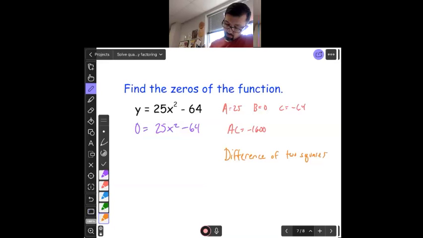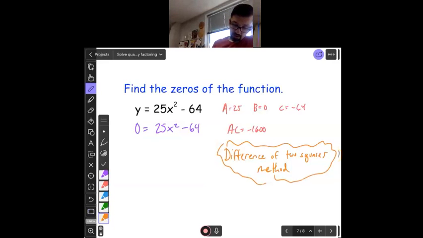Not quite sure where you picked it up, but it's a special type of AC method. It's going to be our fourth tool in our toolbox that we're going to learn tomorrow, or go back over tomorrow. What it depends on is that this is a perfect square and that this is a perfect square. 25x squared is a perfect square and 64 is a perfect square.